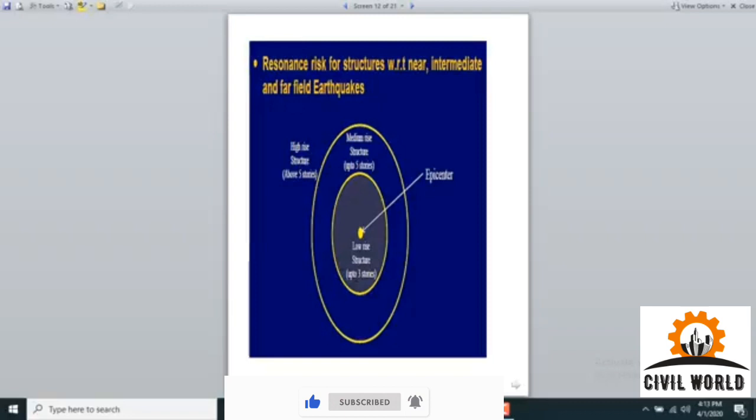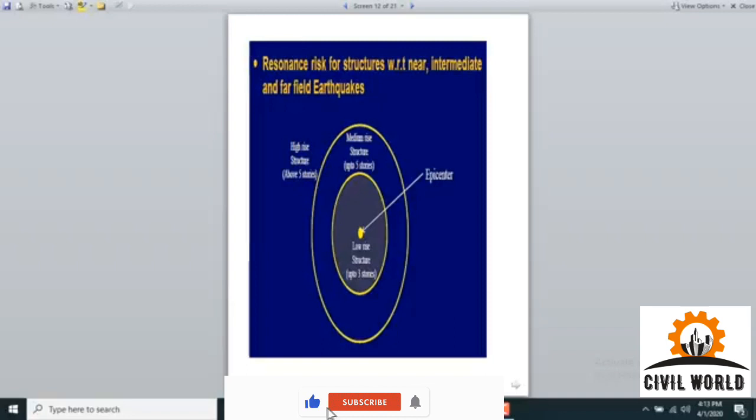As far as the moderate field of earthquake intensity is concerned, which lies at a distance of, let's say, 50 km, we can have structures up to 5 stories, but not more than that. However, for areas which lie in the far field, let's say 100 km, 200 km, 500 km or more, we can go for high-rise structures having more than 5 stories.